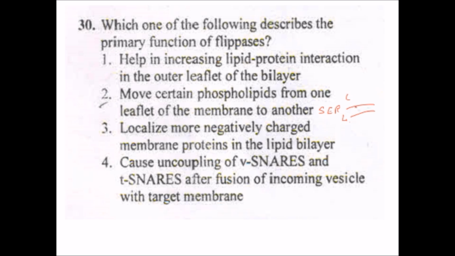When it gets synthesized on the cytoplasmic side, there will be a high concentration of phospholipid toward this side. Then, with the consumption of ATP, flippase enzyme distributes it to the inner, luminal side of the endoplasmic reticulum, and from here it can be transported to where it is required. So the answer is very simple: move certain phospholipids from one leaflet of the membrane to another, which is its primary function.